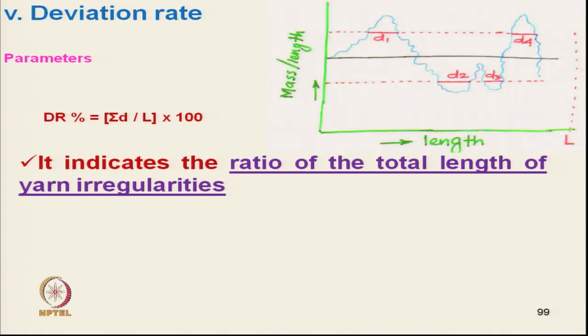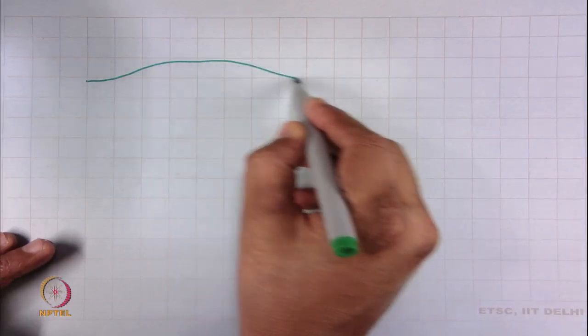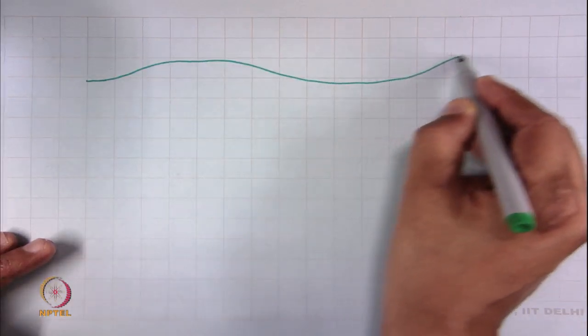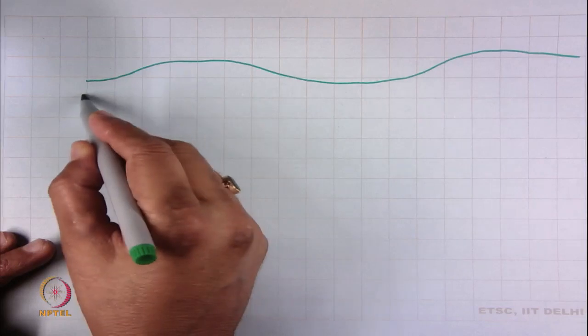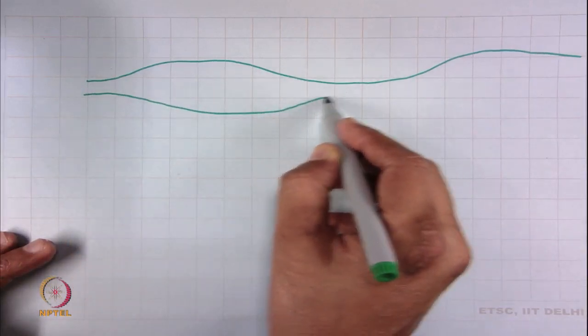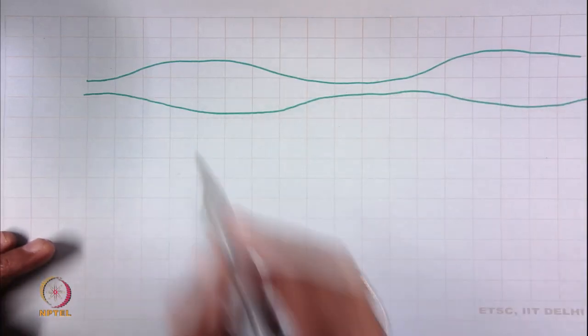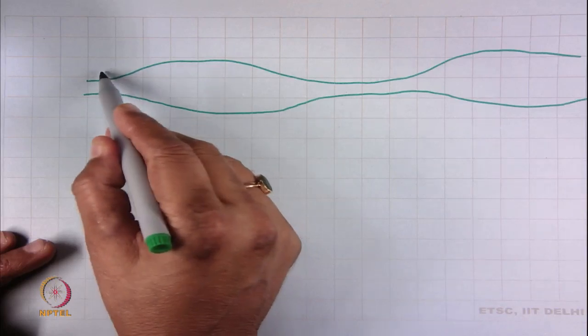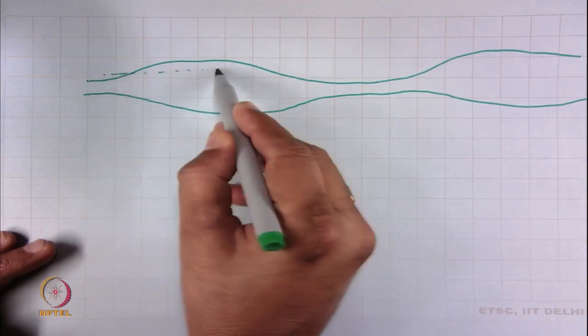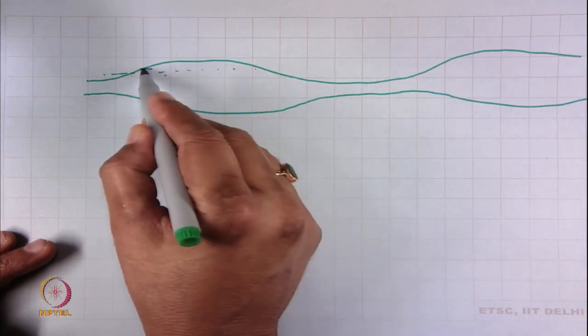Now, physically if we see, suppose this is the mass, mean plus 50% and above.